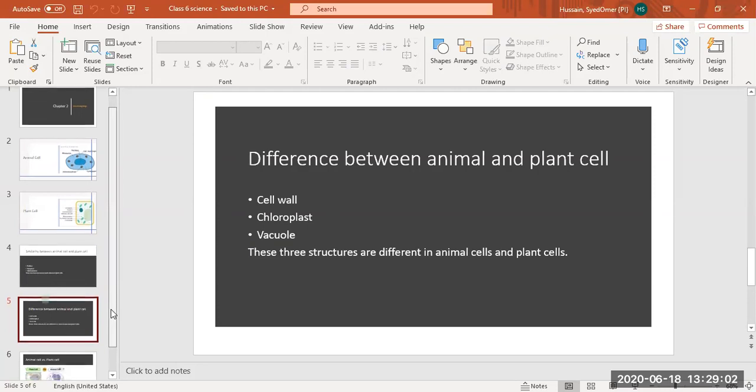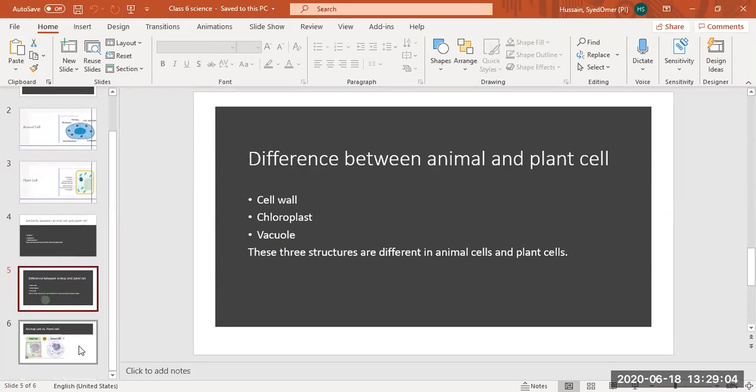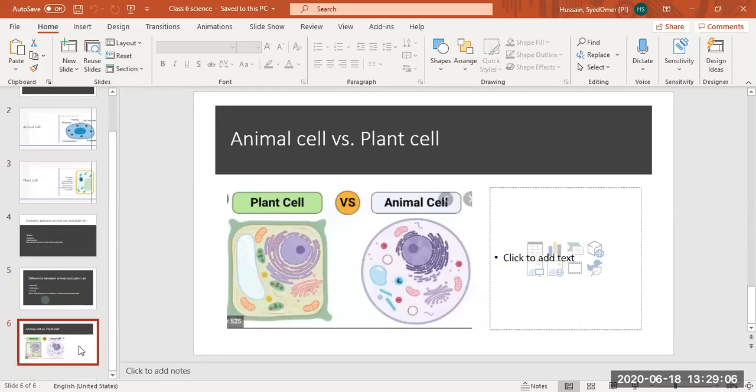So now we are going to compare an animal cell versus a plant cell. Now you see that this is the vacuole. This whole large space in the middle of the cell is called a vacuole. And what is it filled with? It is filled with a fluid called cell sap.